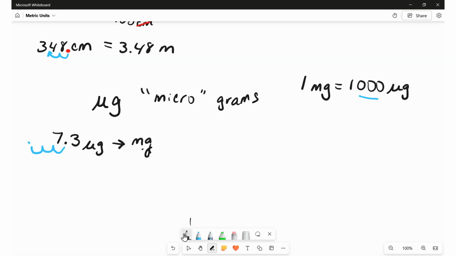So that means that 7.3 micrograms is the same as 0.0073 milligrams. And this is really important when we're talking about the medical field. Some engineering applications will use micro units. It's not very common unless you are in the medical field.